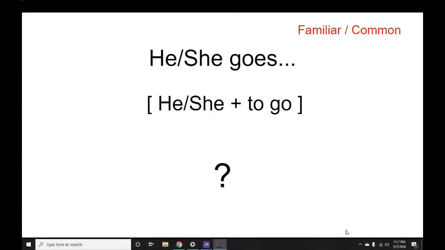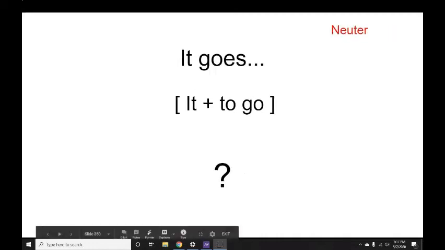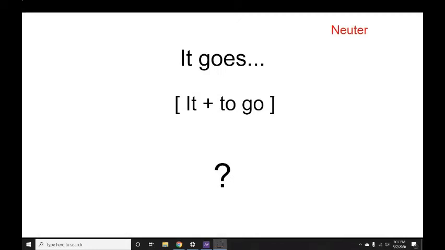Okay, how about he or she goes, familiar, the common way of saying he or she goes. Lao bai, okay. How about it goes, the animal, it goes.